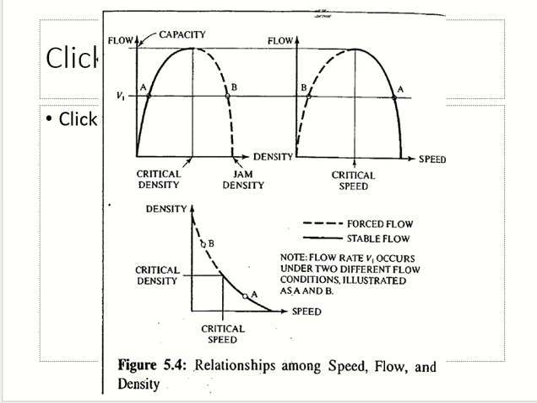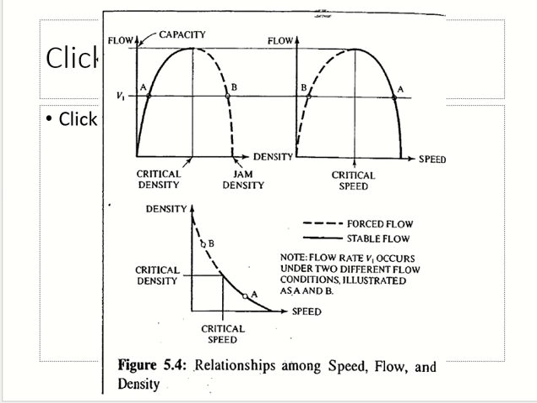Clear? Okay. Solid portion before capacity, indicating stable flow where nobody has to stop. They will move, at high speed or low speed, but they will move. The broken portion, forced flow, because you come, you already find vehicles stopped in front of you, they will force you to stop. Clear? Okay.